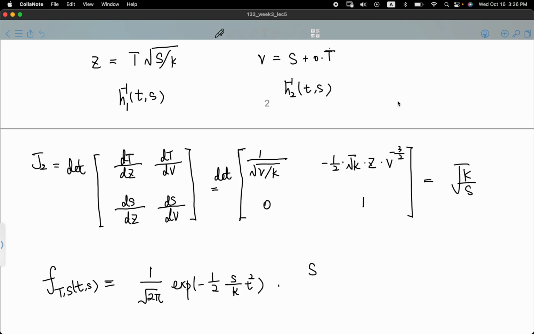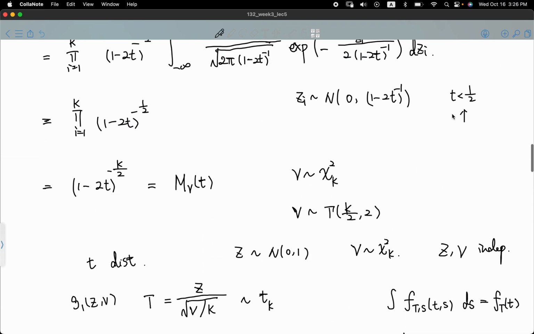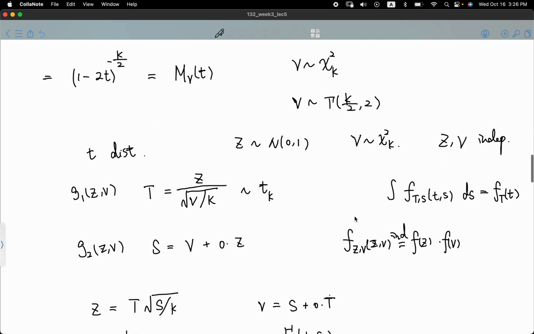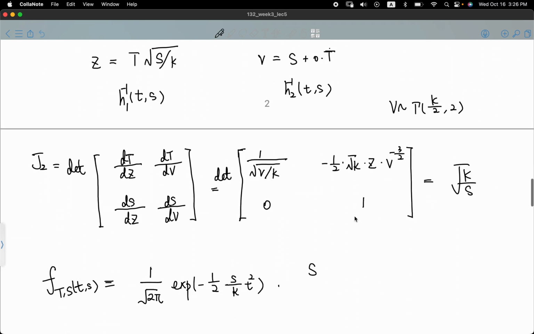Let me write the v with degree of freedom k should follow a gamma distribution k over 2 and 2, right? Okay, so we're going to use the gamma formulation to write the chi-square distribution.